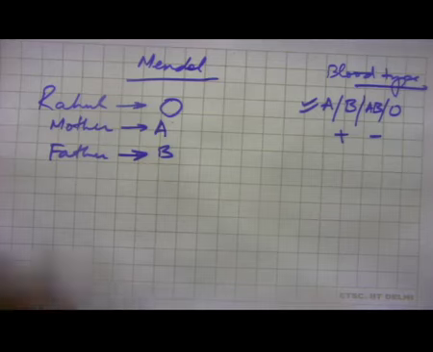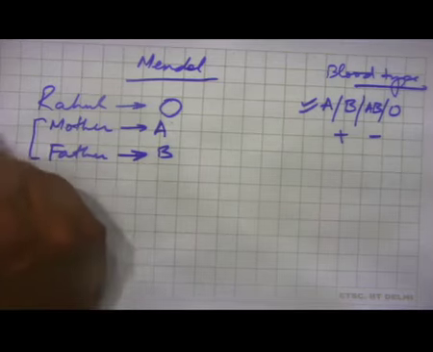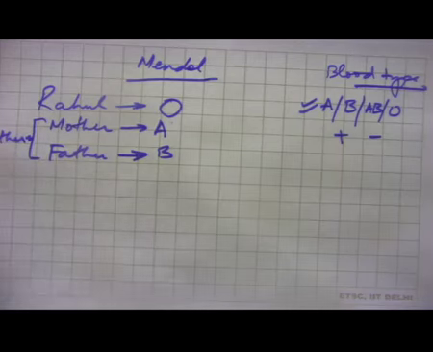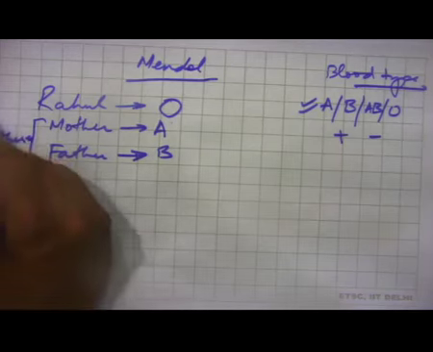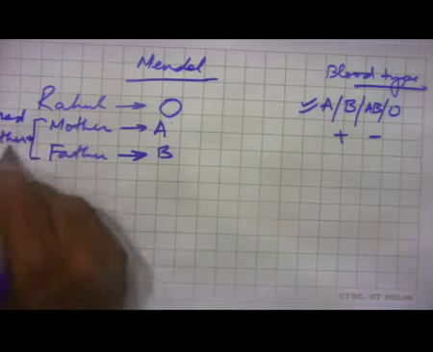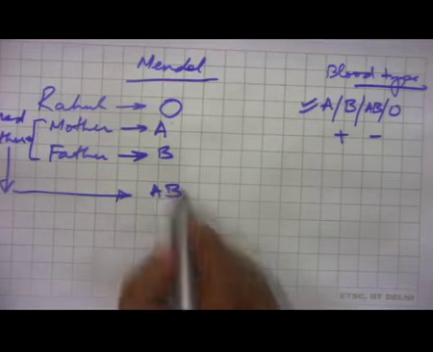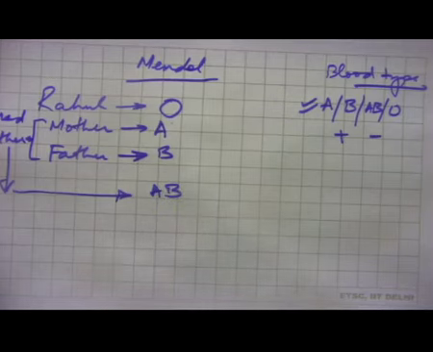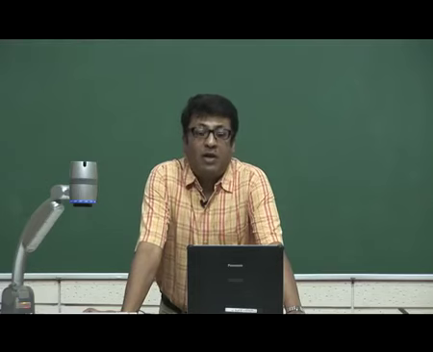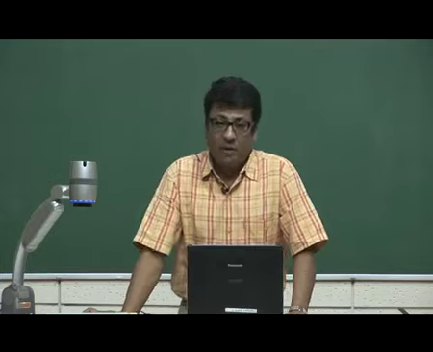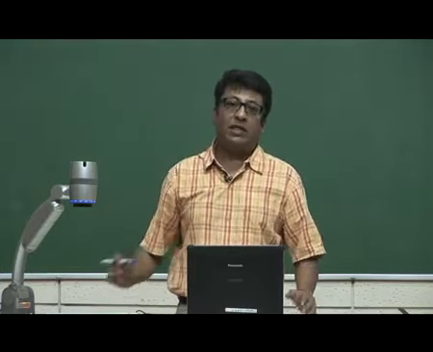Now, if the fathers of both mother and father, that is Rahul's grandfathers, were both AB, can you tell me what blood type the grandmothers can be, or what blood type the grandmothers cannot be?